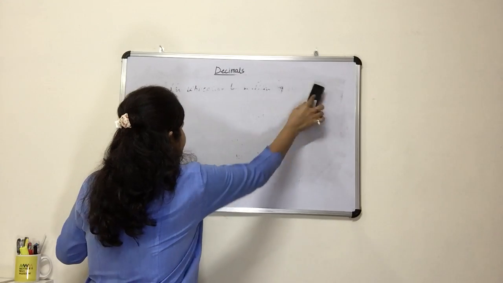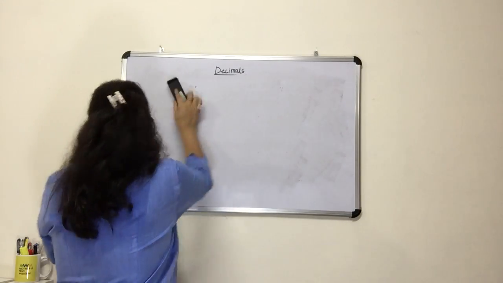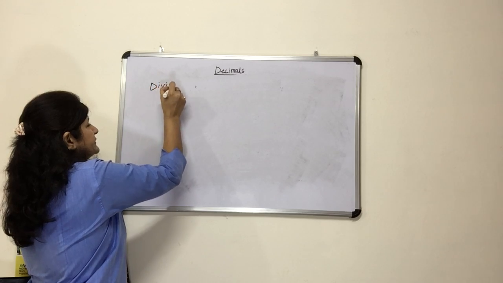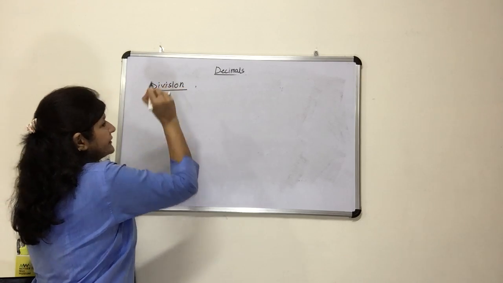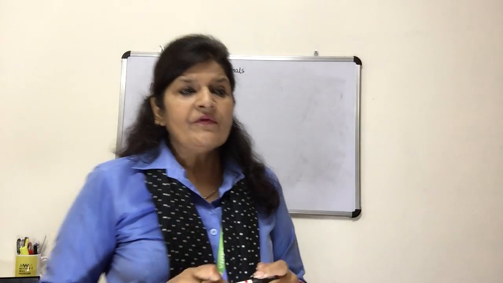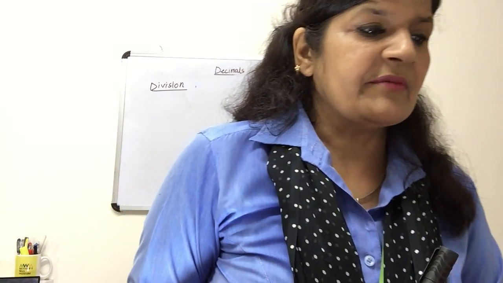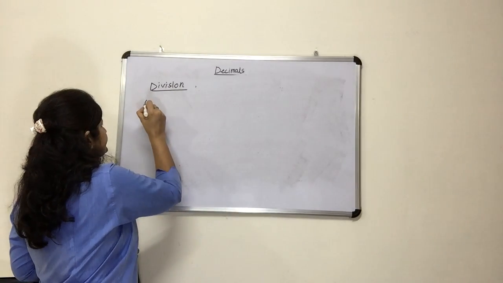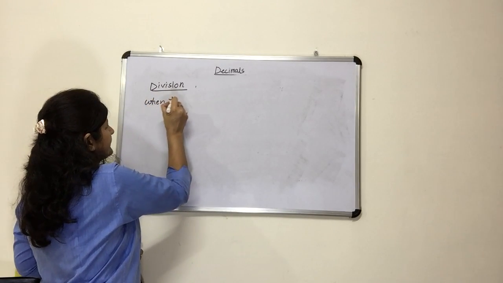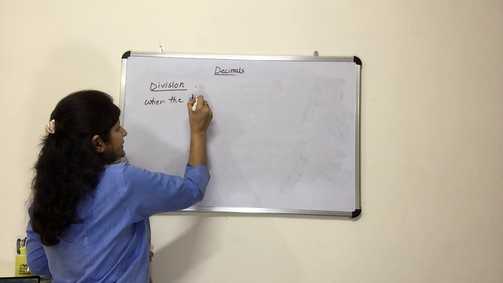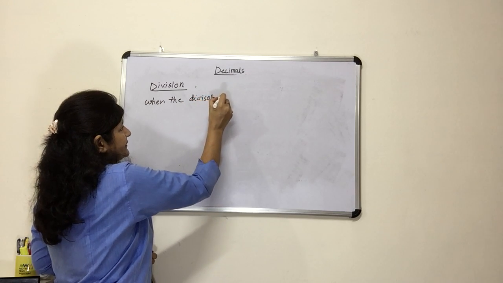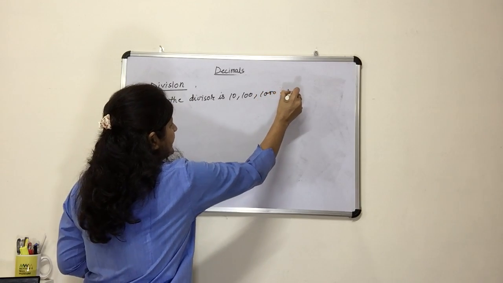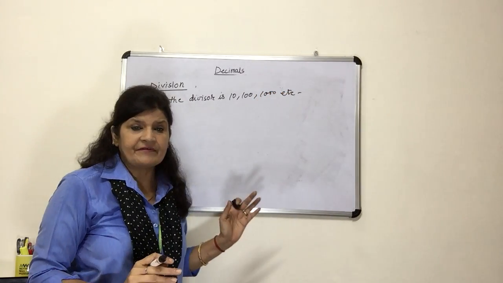Now coming on to division. Let us see the division. How we will do the division of decimal numbers. So again, when the divisor is 10, 100 or 1000, as we have done in the multiplication, the same we will do here.